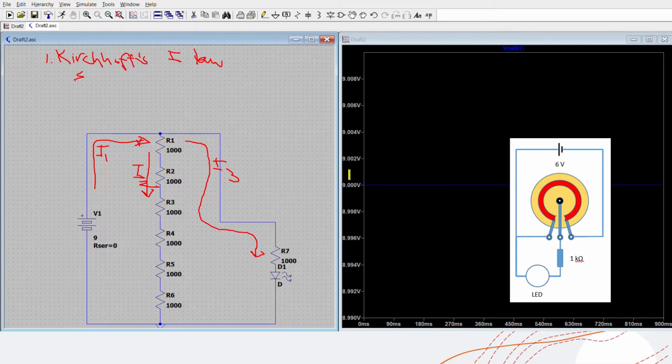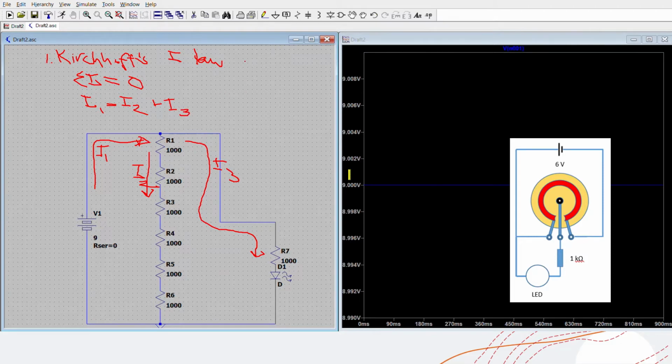So the summation of current is equal to 0. In other words, this I1 is equal to the sum of I2 and I3.